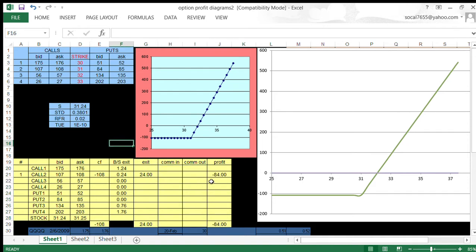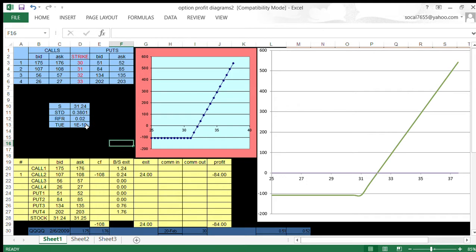So we'll assume 0 commissions, and by the way, there are plenty of places on the web where you can trade at 0 commission now. And so 1, call 2, pay the ask price 108, therefore your maximum loss is 108.